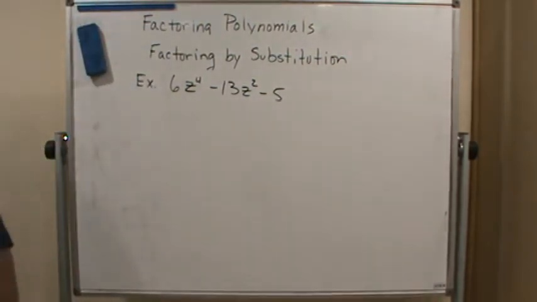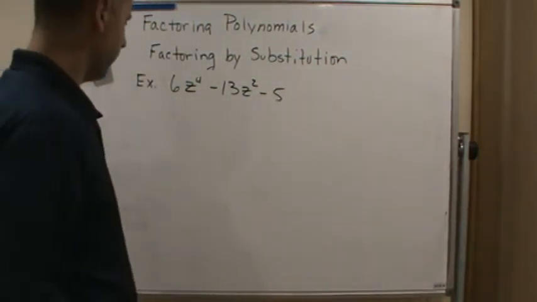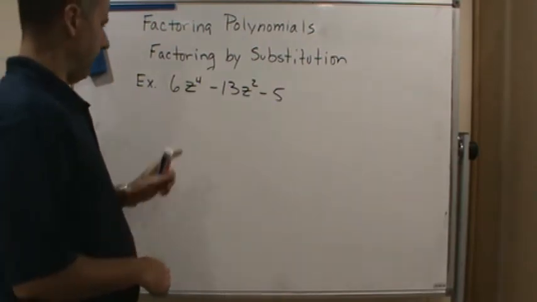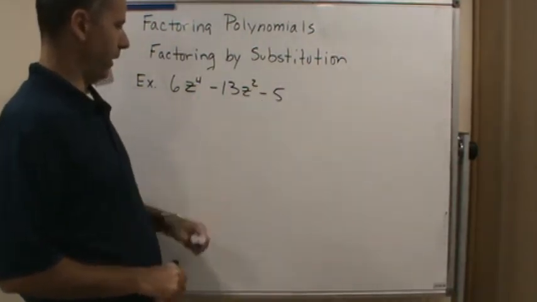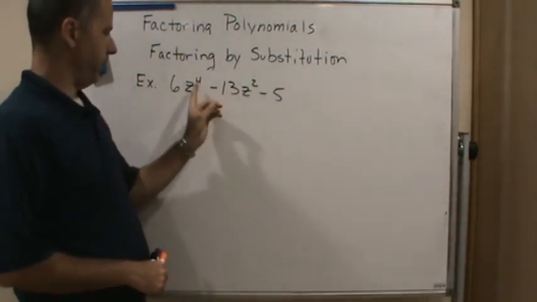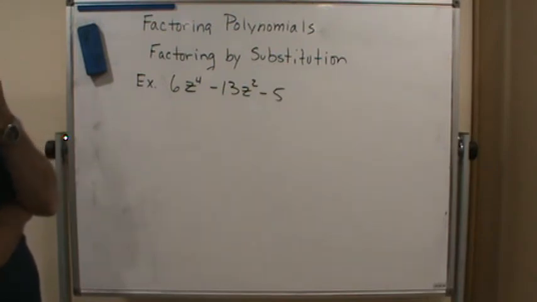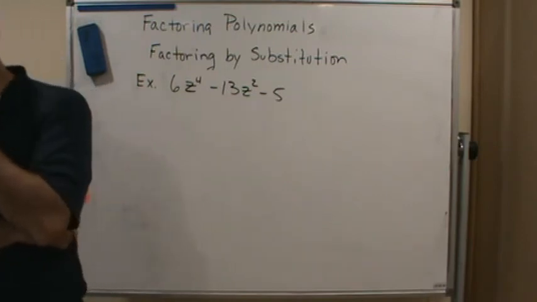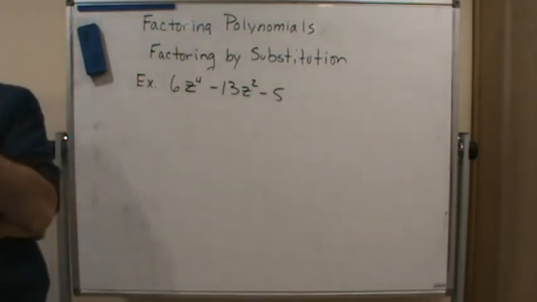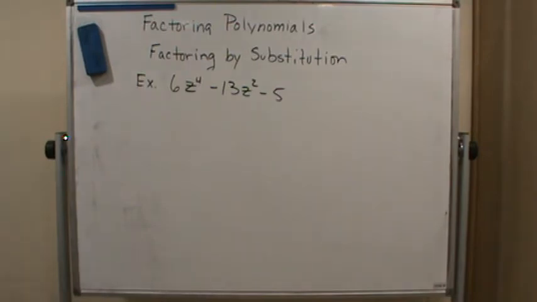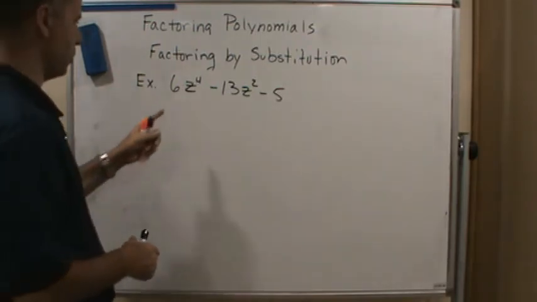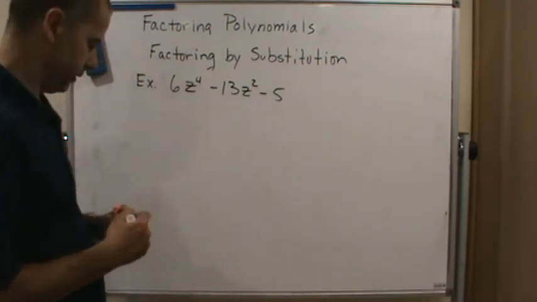Okay, so now this one, not bad looking. In this case here, I've got z to the 4th and z squared. So this one is double this one. So it looks like it's what we call quadratic in form. A was, right? So is this one. So we want to get it into a quadratic, a trinomial, right?